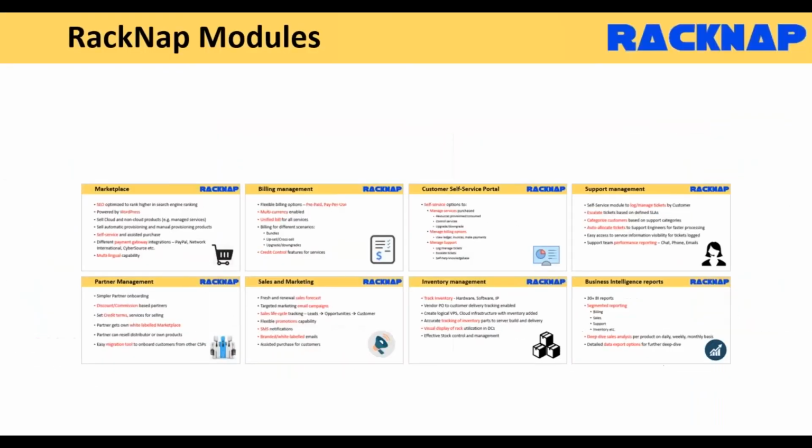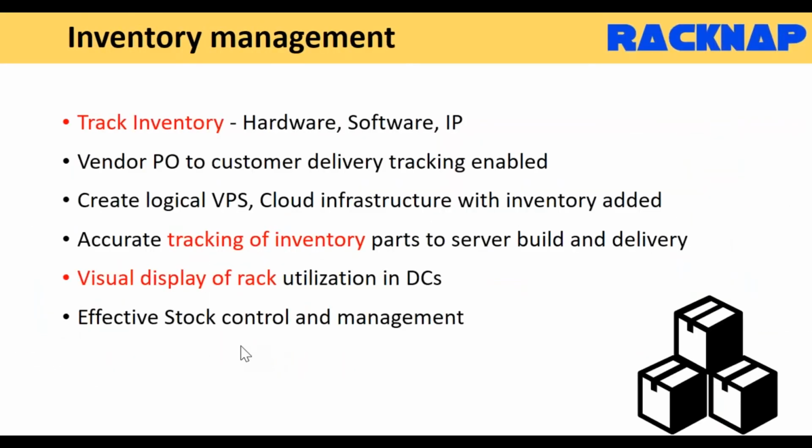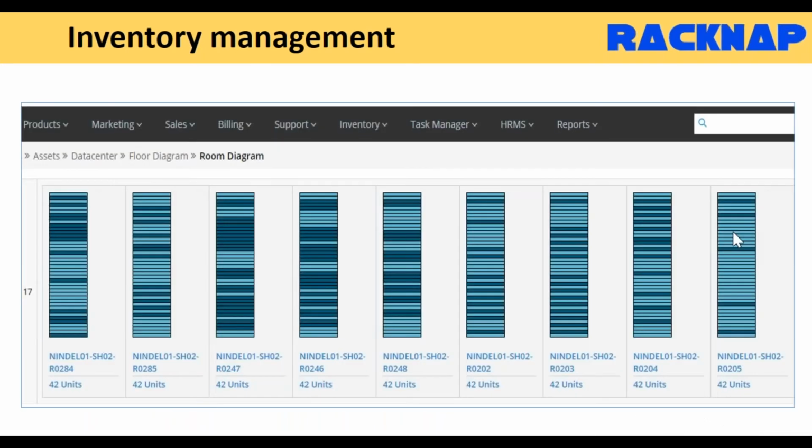And inventory, we definitely skipped this completely. Basically, to summarize, if you already have data center assets, RackNap can help you track that data center inventory effectively. And this is how a RackNap rack diagram of your data center assets and virtual machines, etc., would look.